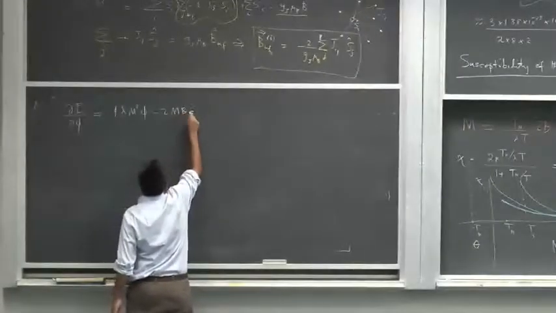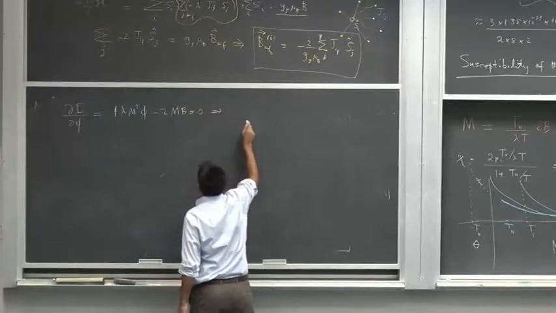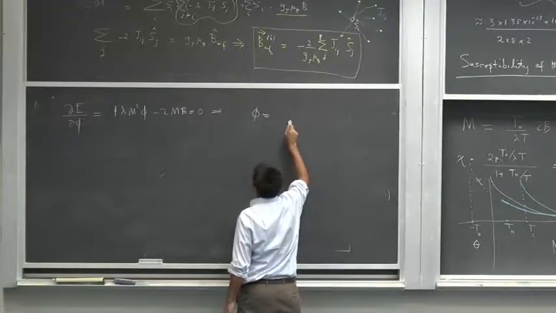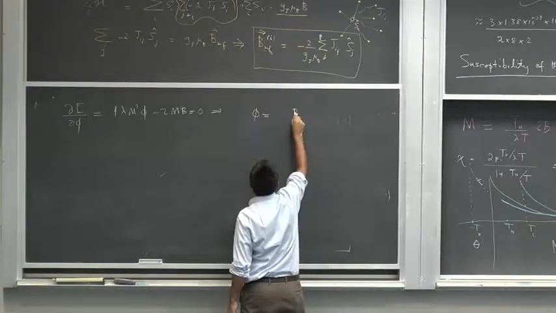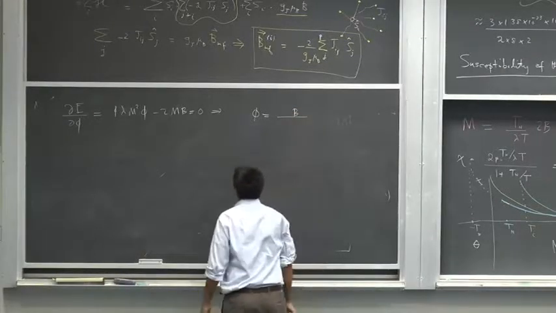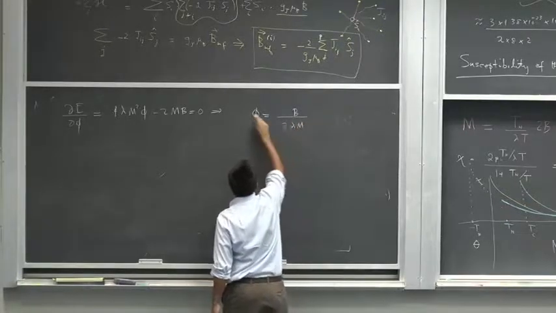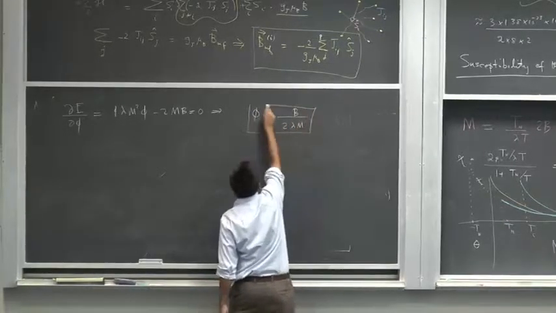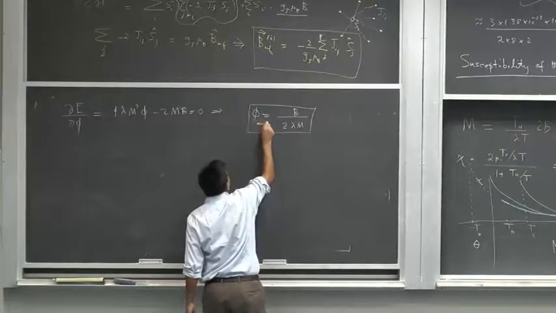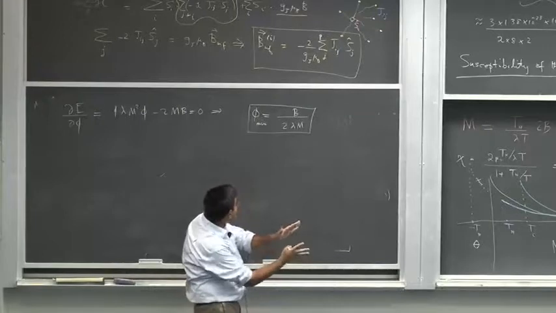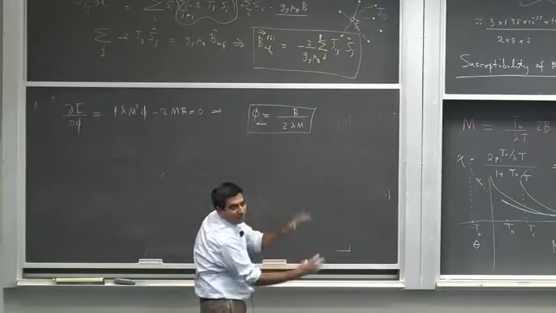This is 0, which means that my phi equals b over 2 lambda m. This is the angle which minimizes the energy. So if I apply a small magnetic field, the equilibrium state of the system is when the angles are this much.